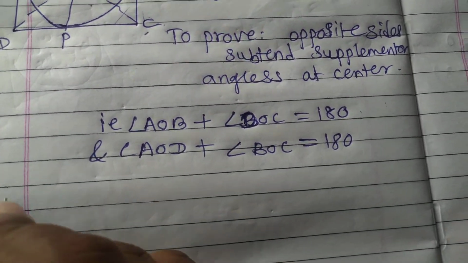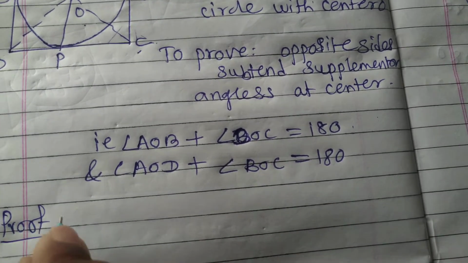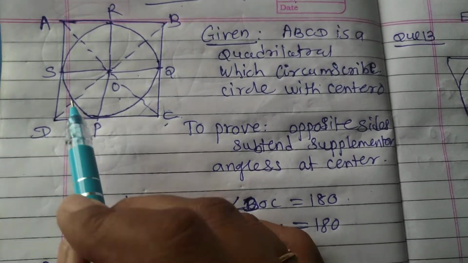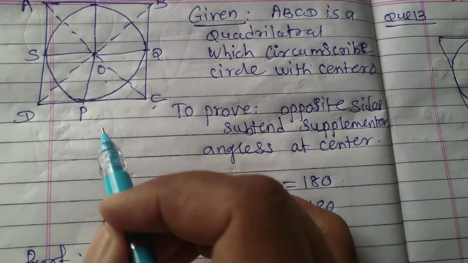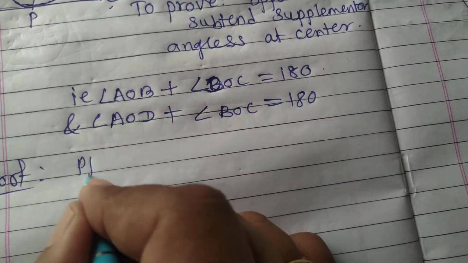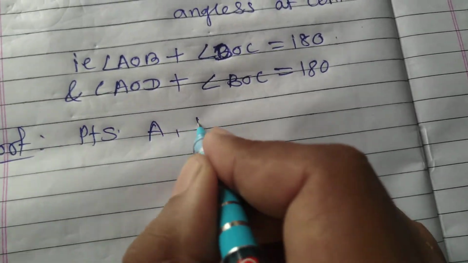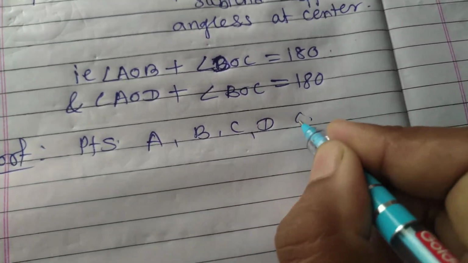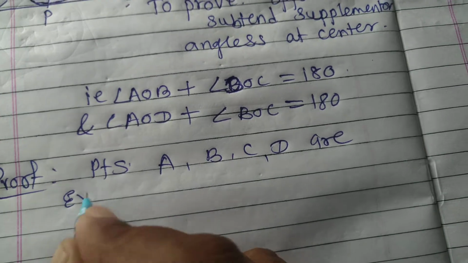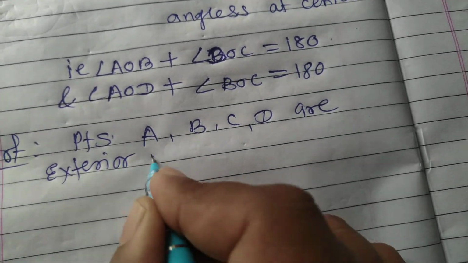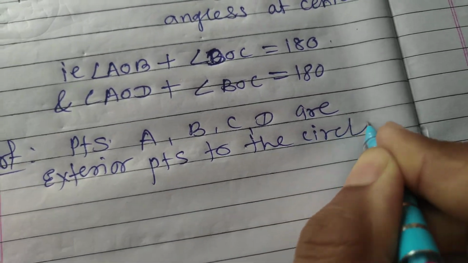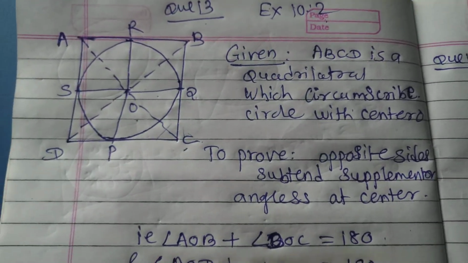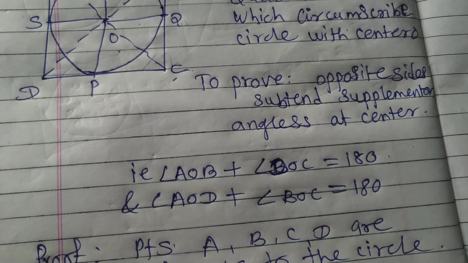Now consider the proof. Points A, B, C, D are exterior points to the circle, and we know that from exterior points the tangent segments drawn are equal.